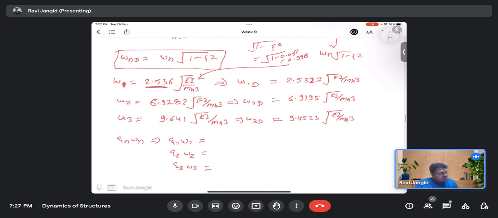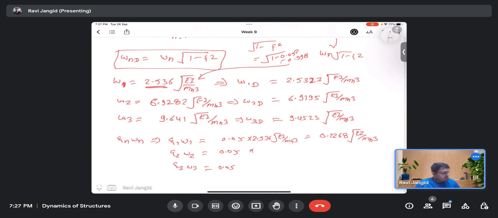Similarly, find out xi 1 omega 1, xi 2 omega 2. So xi 1 is 0.05, and the omega 1 we need to multiply. So that will be 0.05 into omega 1, which is 2.536 EI by mh cube. If you do this, the final value comes out to be 0.1268 EI by mh cube.